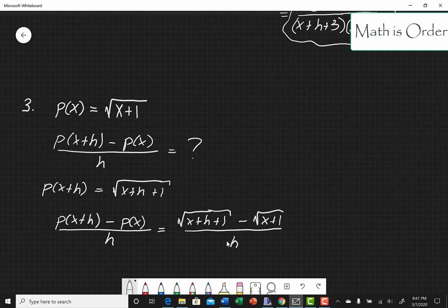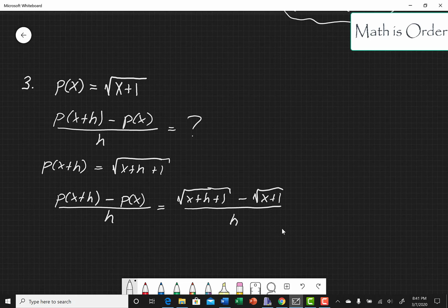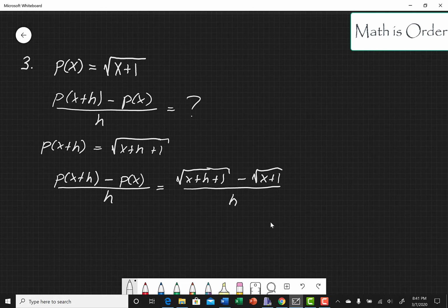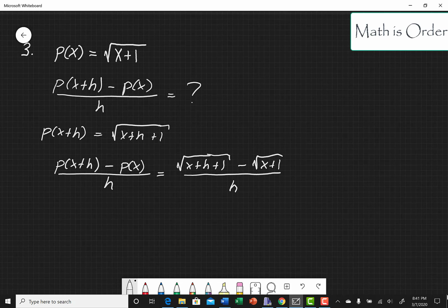Now, if h were to be 0, this would be undefined, right? So we can't have this. We can't have an expression that's undefined. So we have to simplify further so that we can allow h to become 0. All right, so we're just going to go ahead and rationalize the numerator.